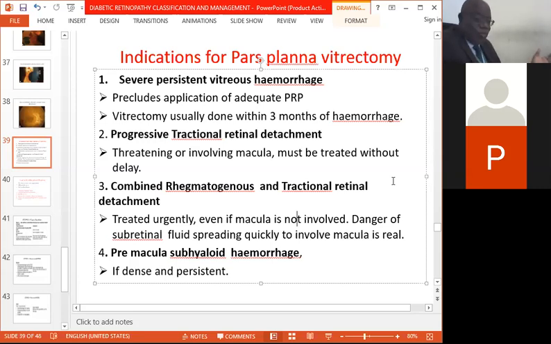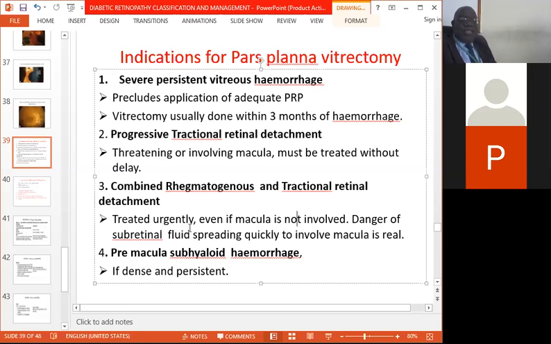Rhegmatogenous is where the retina is being peeled upward, fluid is separating the retina and the choroid. The retina is detaching like that. So you can have a combined rhegmatogenous and tractional retinal detachment.